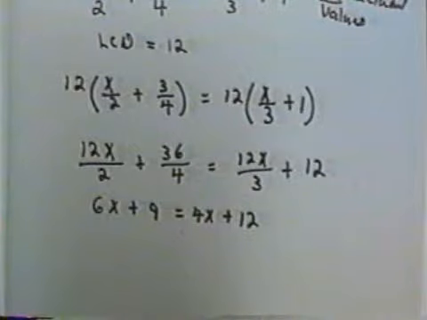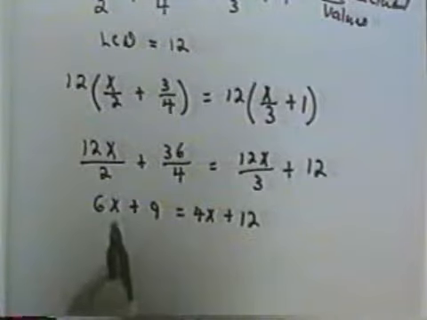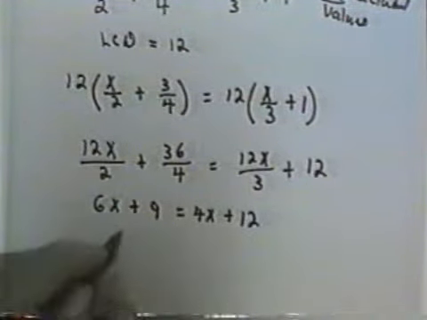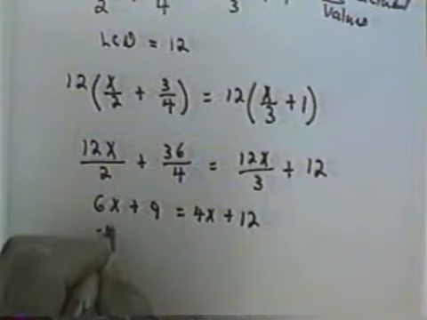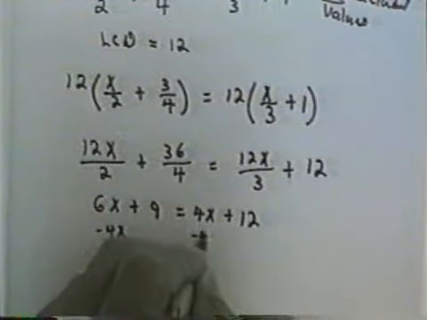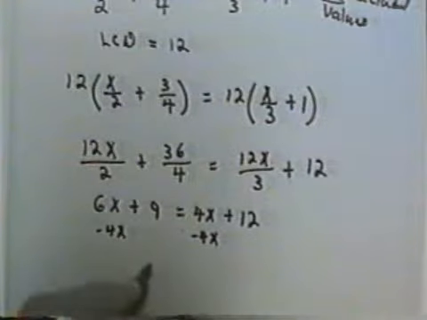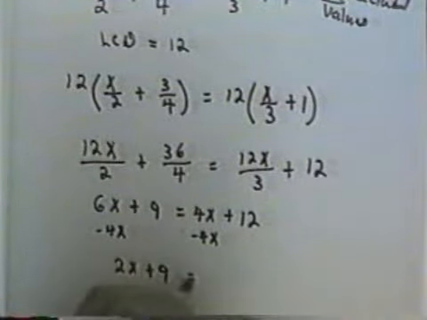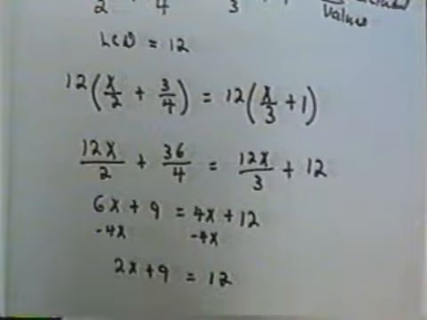I have a linear equation. I know the equation is linear because my largest exponent is 1. The strategy for solving a linear equation is to get all of the variables on one side and all the constants on the other side. So I need to subtract a 4x from both sides. That leaves me with 2x plus 9 is equal to 12.